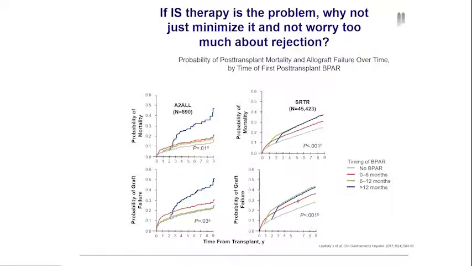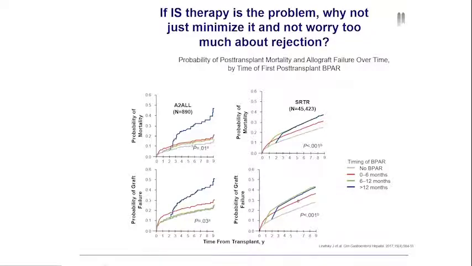And this was sort of counter to data before the 2000s that rejection really didn't have a difference in survival compared to those with no rejection. So this shows that patients who have not had rejection, which is the gray line on the bottom, have the best survival. And the other lines are the timing of rejection.